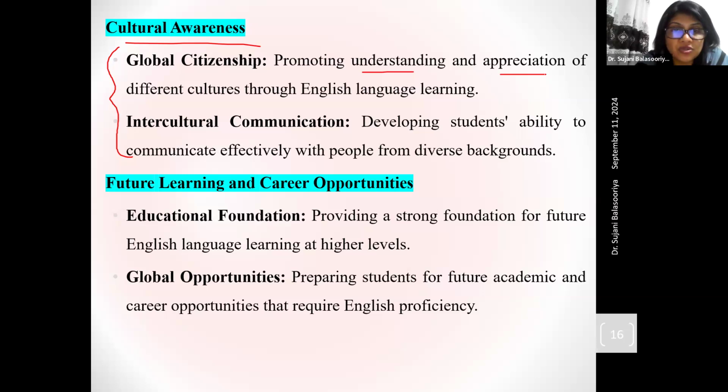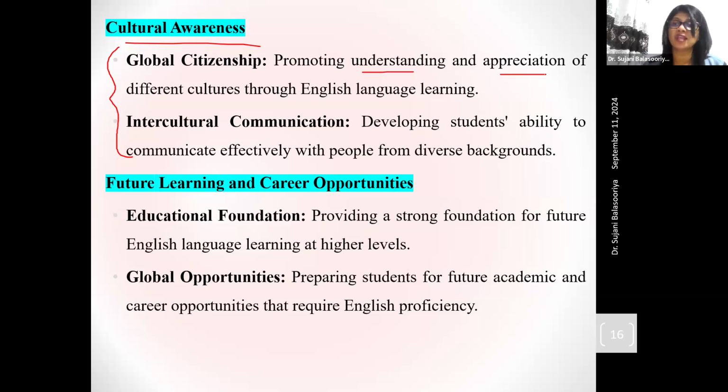There are issues, right? There are issues, especially if the cultures are different, diverse. Then the students who are coming from one culture will not have healthy relationship with the students who are coming from another different culture, right? There may be lack of intercultural communication, but in English class, this situation can be overcome, right?